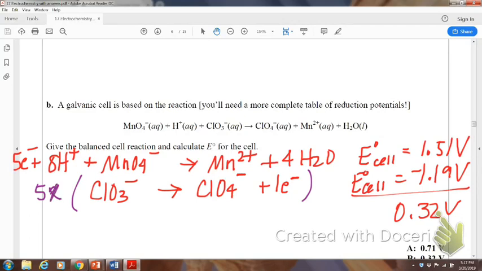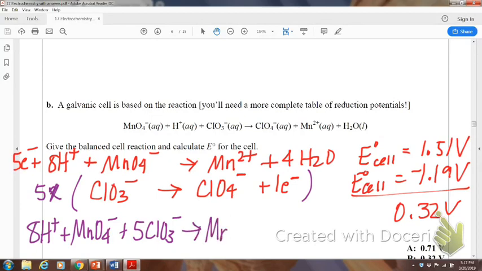And then, so we end up with 8 hydrogen plus the permanganate plus 5 chlorates is going to produce Mn2+ plus 4 H2O plus 5 perchlorates. Okay? All right.